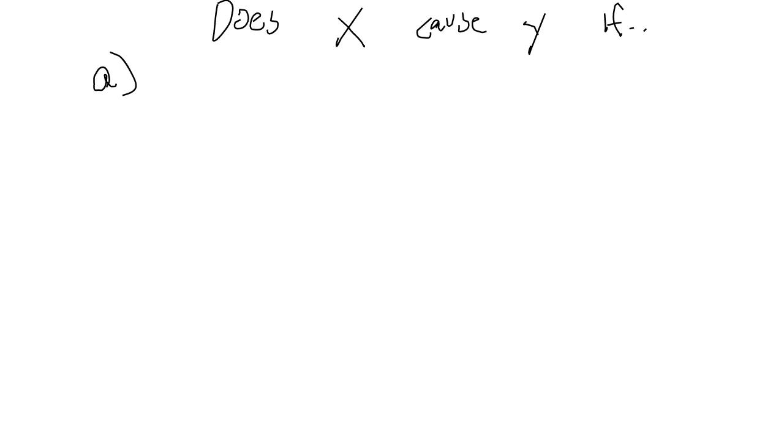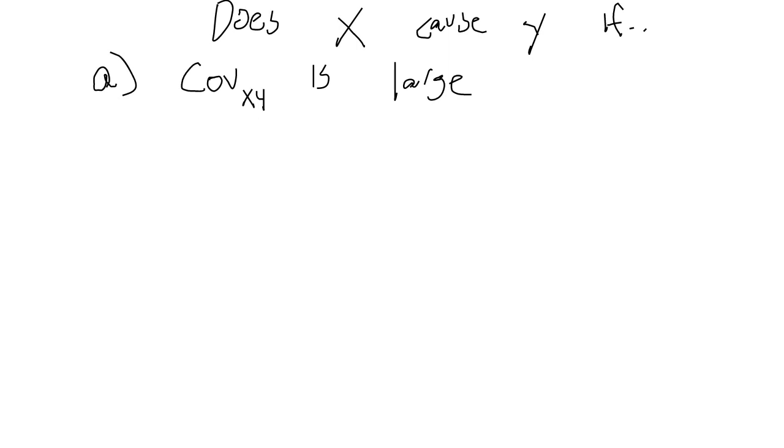Okay, so I think the options were, actually I have them here. We're asking, does X cause Y if the first one is the covariance between X and Y is large.